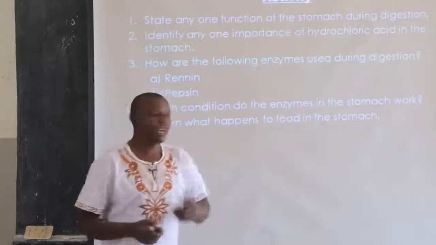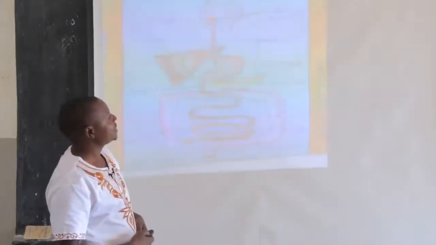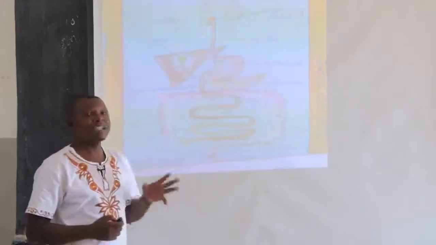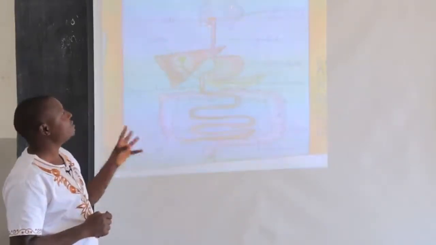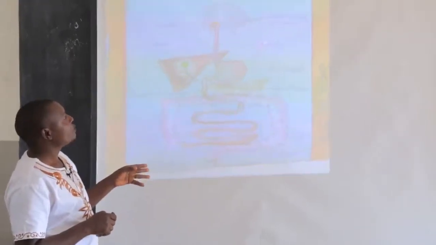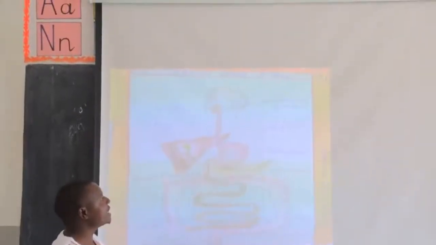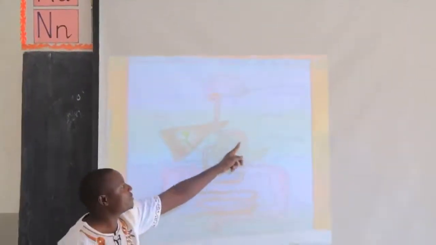That's good. We can continue and look at today's lesson. Now I want to remind you of these parts of the alimentary canal: the mouth, the gullet, and the stomach, where we talked about the digestion of food.